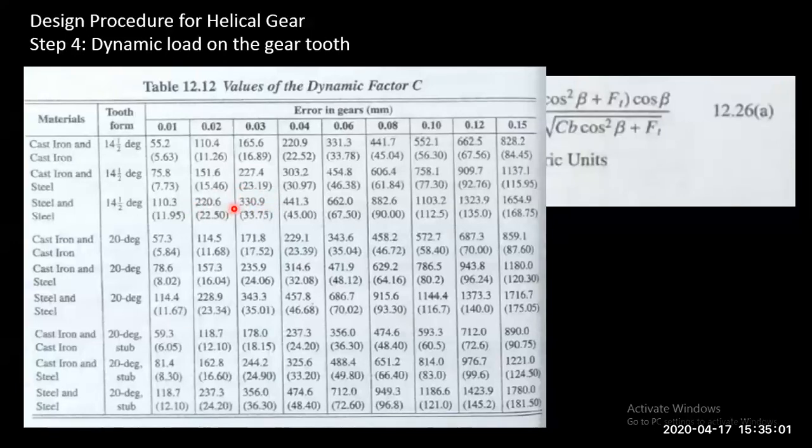So 330. Again, for helical gears, you can approximately choose the value of the dynamic factor. No need to interpolate, because this is a little bit lengthy compared to the spur gear. So what you can do is assume some value over here. So let's take 0.3 and 330.9.